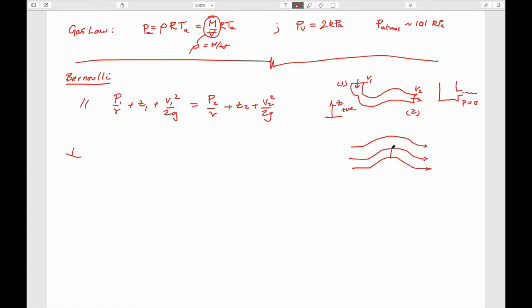Then we can also draw something which is the normal to this boundary, and we can move from one location, I guess point 1, to point 2.